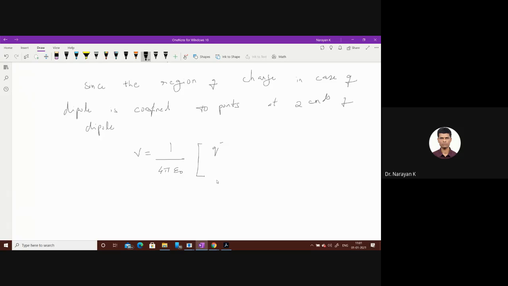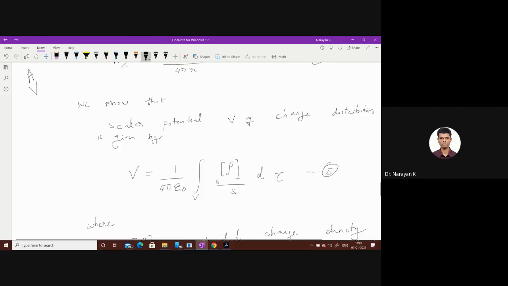This will be plus q by S1. I will see why it is S1.